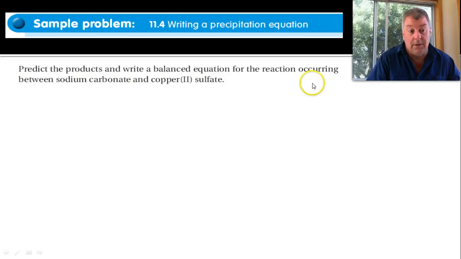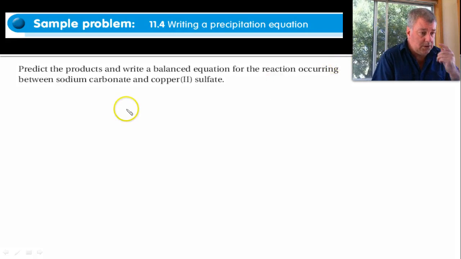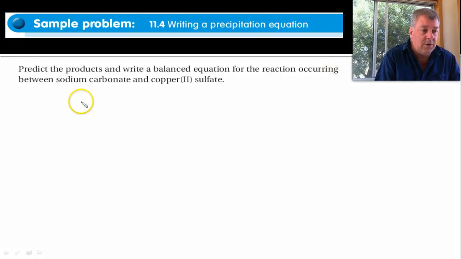And what do we got here? Another one to do. Sodium carbonate and copper sulfate. So let's do the longhand version just to get you aware. Now what's the formula for sodium carbonate, I ask you? Okay, you do have to learn how to write this formula.